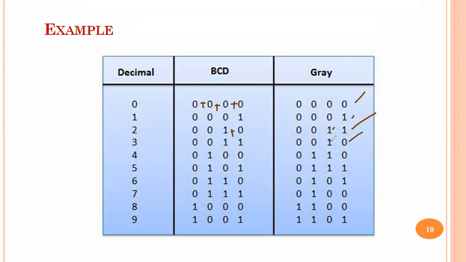Next, 1 plus 0 is 1. So 0 plus 0 is 0. So next is 0, which will come as it is. Then 0 plus 1 is 1. Then 1 plus 0 is 1, and 0 itself. So let's say the last number, 1 plus 0 is 1, 0 plus 0 is 0, 0 plus 1 is 1, and 1 is as it is. Clear?